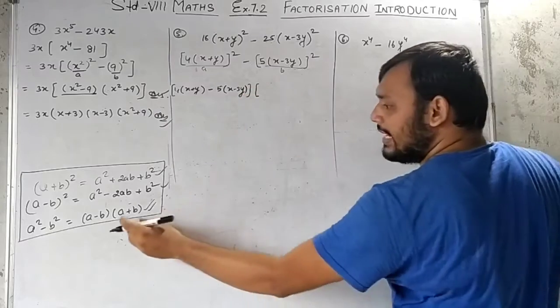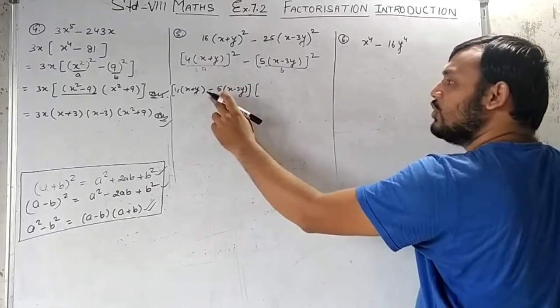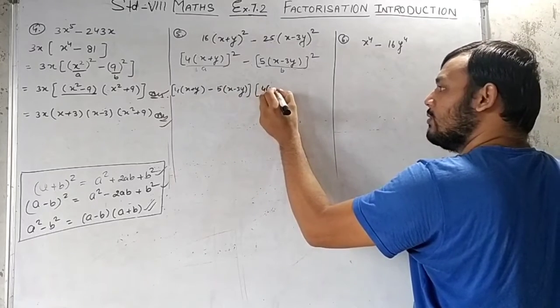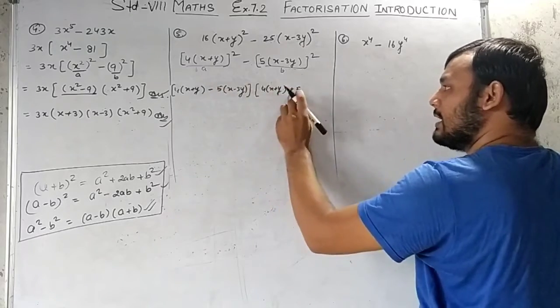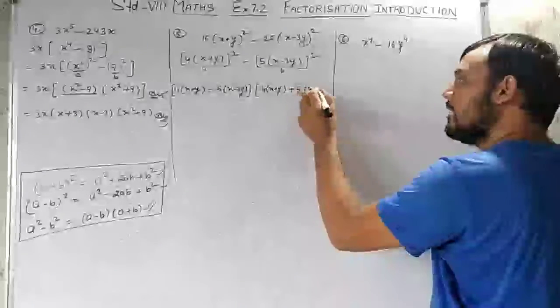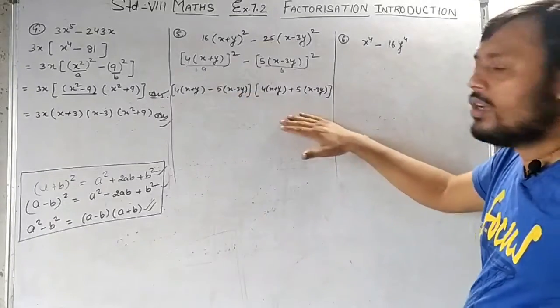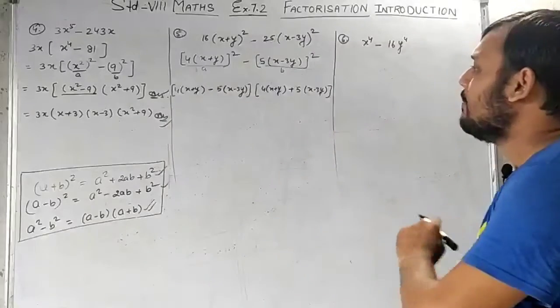And in the very next bracket, a plus b, the same thing will be there, just instead of this minus there will be plus. So 4 into x plus y plus 5 into x minus 3y. Now we have to expand it, open the brackets, to simplify it.